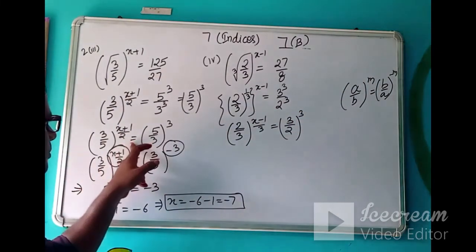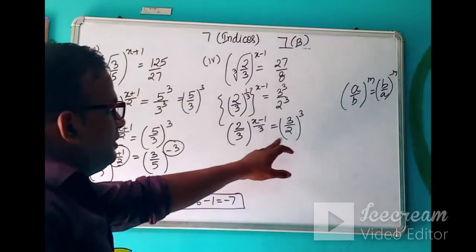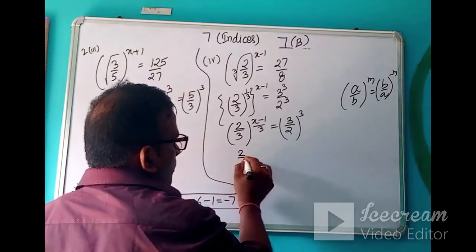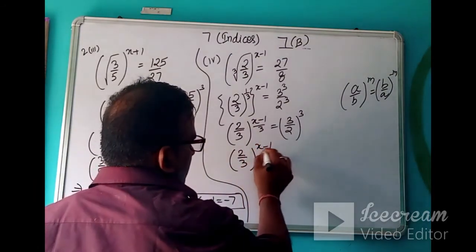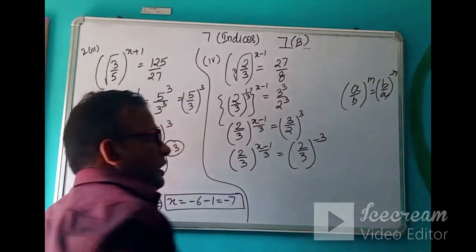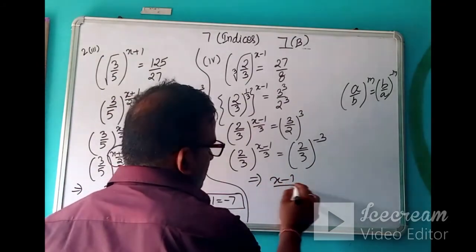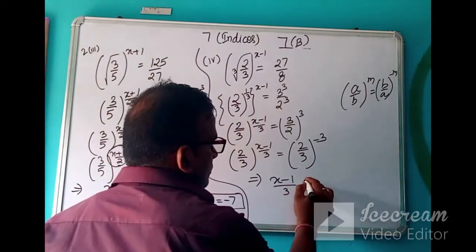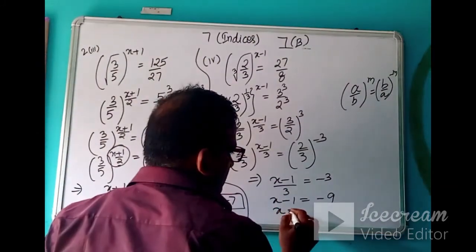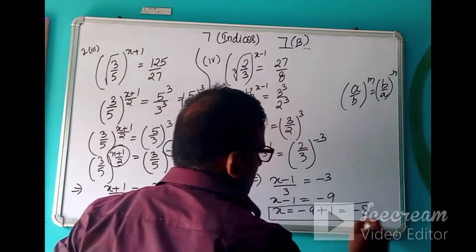Again it becomes the same problem. So what we have done in this problem, we have simply taken the reciprocal. Same thing we will do here. So it becomes 2 upon 3 to the power x minus 1 upon 3 equals 2 upon 3 and this power becomes negative now. So again we will compare their exponents. So what is x? Minus 9 plus 1, that is minus 8.